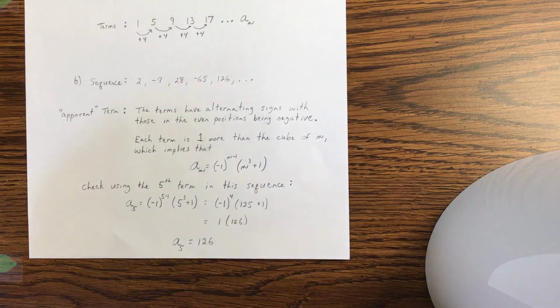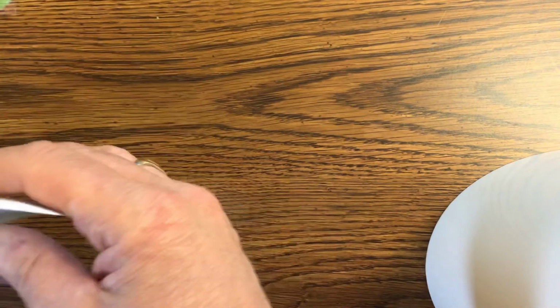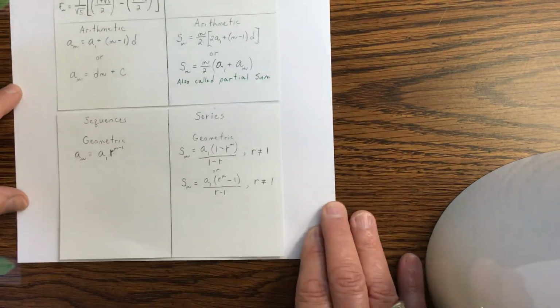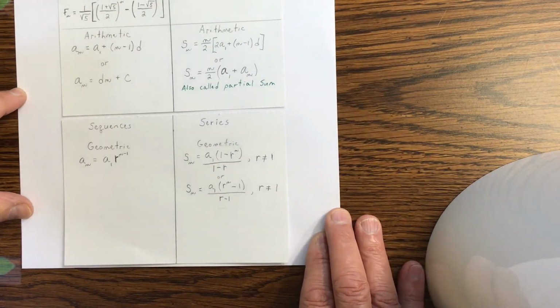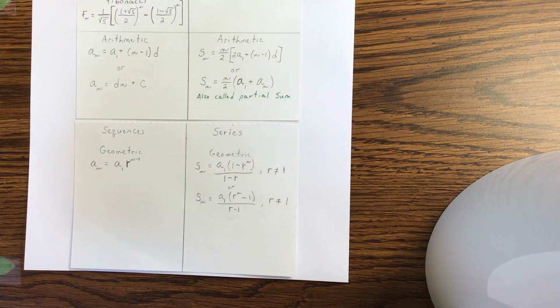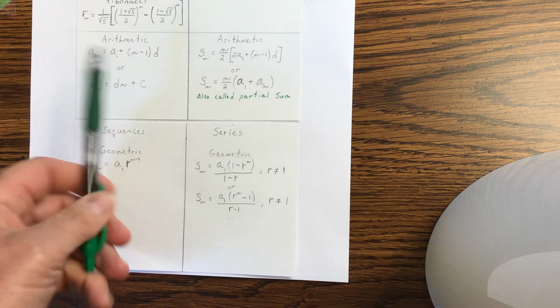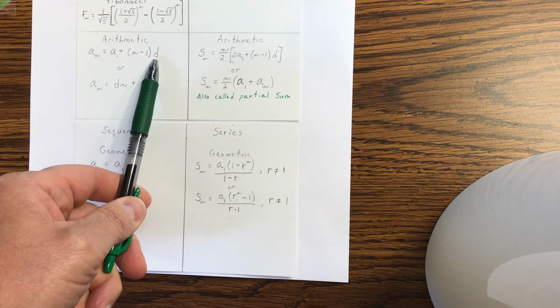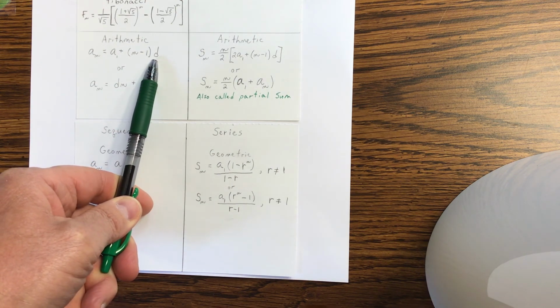All right. So a quick recap dealing with this section. Part A deals with, for right now, just looking at sequences. So again, for an arithmetic sequence, we have to find our common difference.